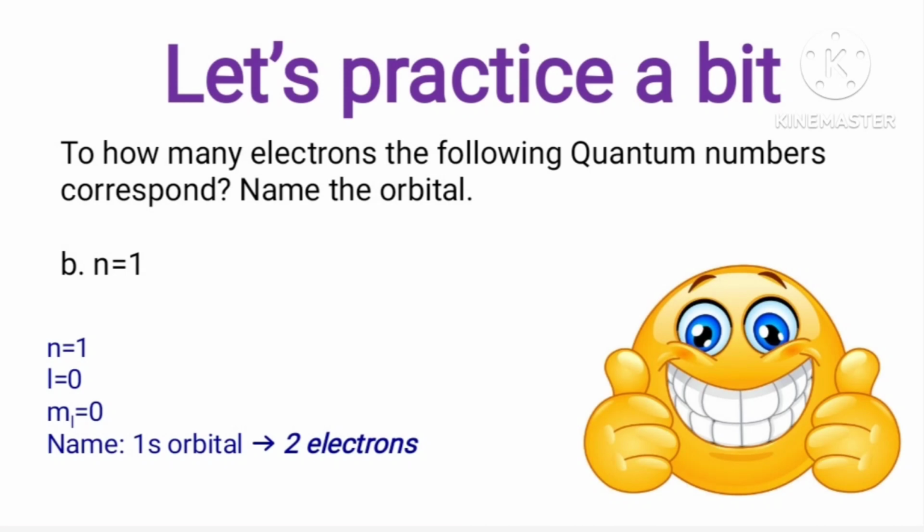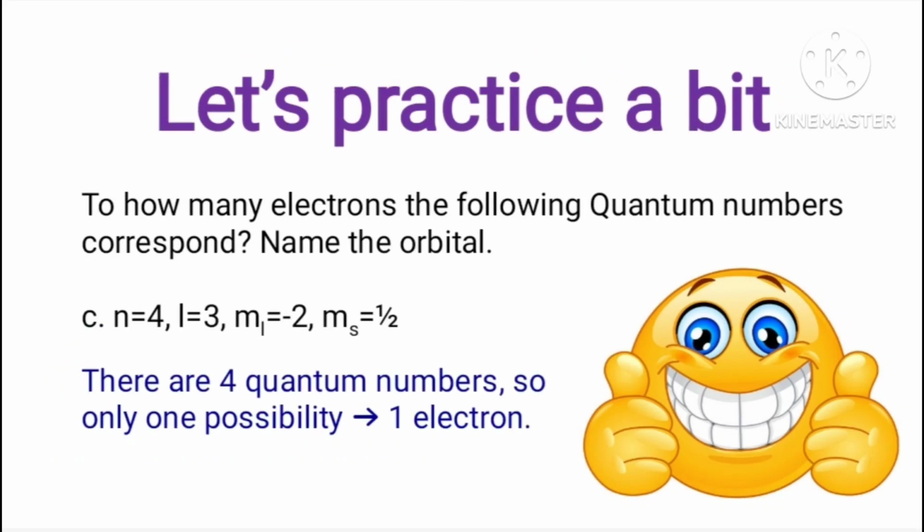The last one. Look, in the last case we have 4 quantum numbers. One electron is characterized by 4 quantum numbers. If all 4 quantum numbers are given, it means that this is only one electron, because in one atom there cannot be 2 electrons with the same quantum numbers.